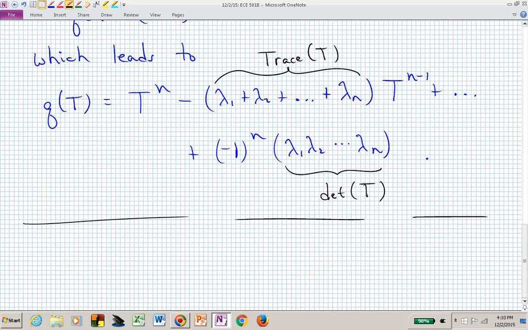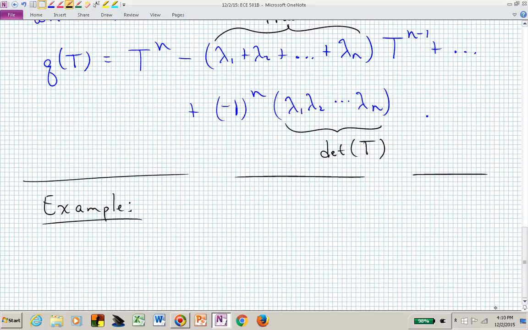As an example, you can see those two factors fall immediately out if we look at the second order case. Let's say that we have Q of z. We can do this rather easily with paper and pencil.